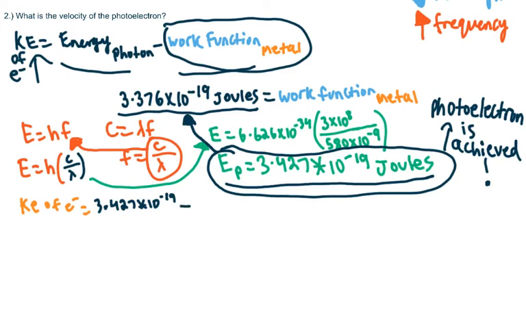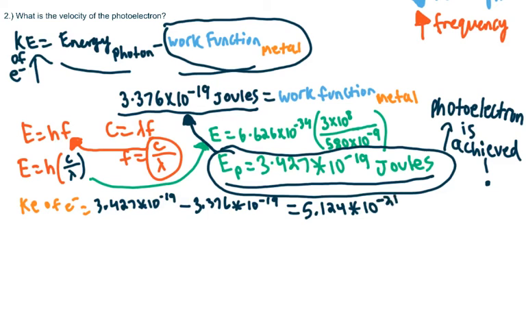Minus the work function, which is 3.376 times 10 to the negative 19th joules. Now all we have to do is subtract that. We're going to get the value of the kinetic energy of the electron in joules, and that value is around 5.124 times, it's going to be really small, 10 to the negative 21st.